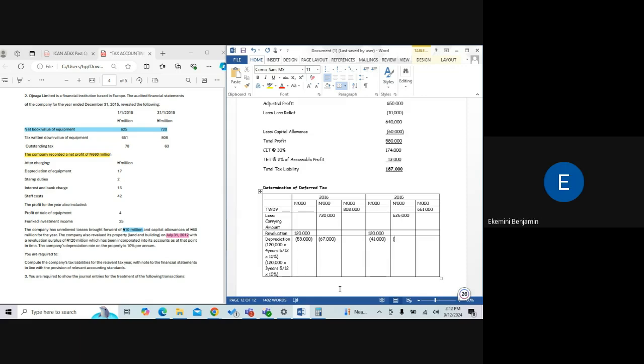Yes, you're adding. It's 4 years plus 5 months. That's the difference. Then times 120, then times 10%. 79.